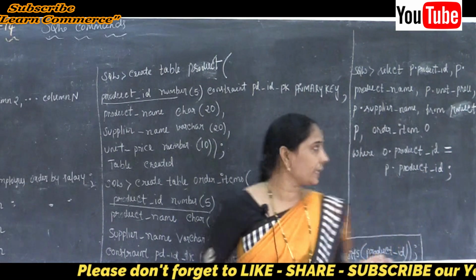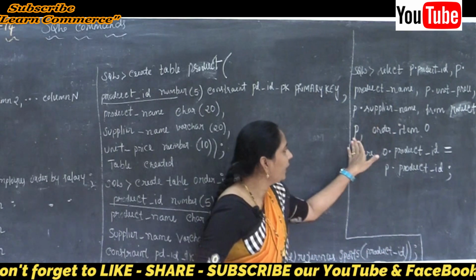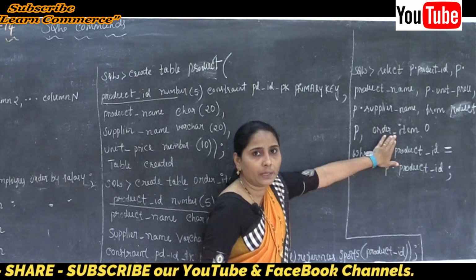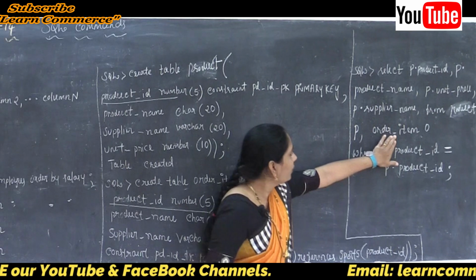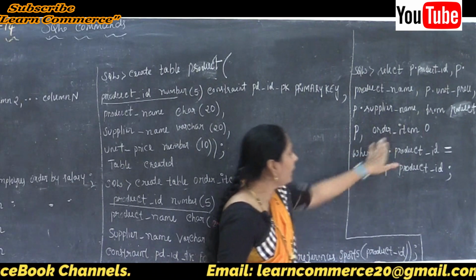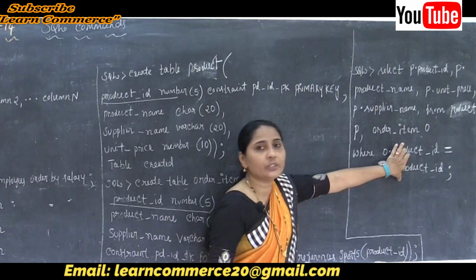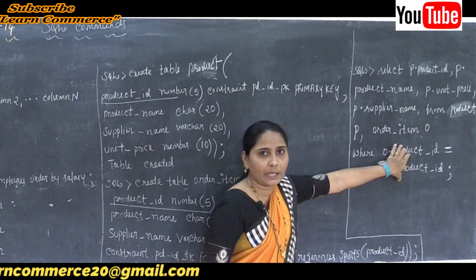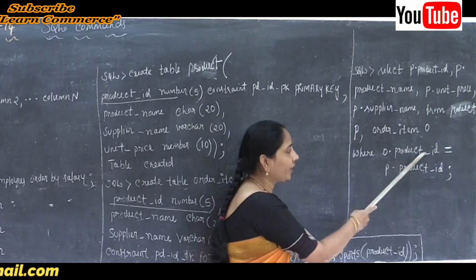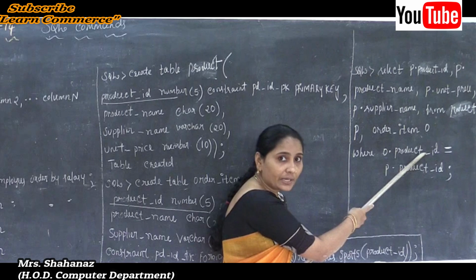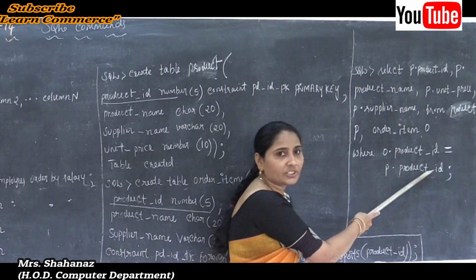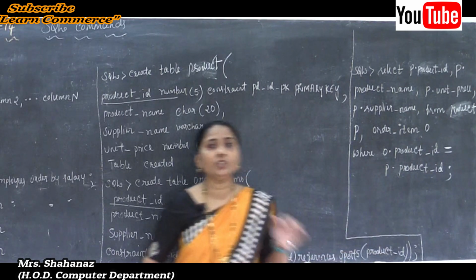The first letter I selected from the product P, and order underscore item O, just to recognize these two tables that I am now going to join. Where O dot product underscore ID is equal to P dot product underscore ID. Now I can join the tables.